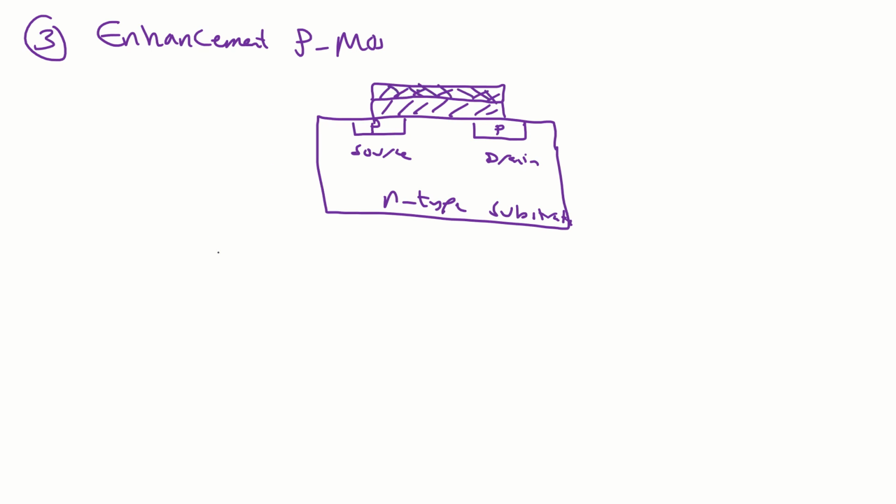So you can see this is the gate voltage VG, and this is the drain voltage VD, and this is what? The source voltage or VS, and of course this is the bulk voltage VB, sorry.